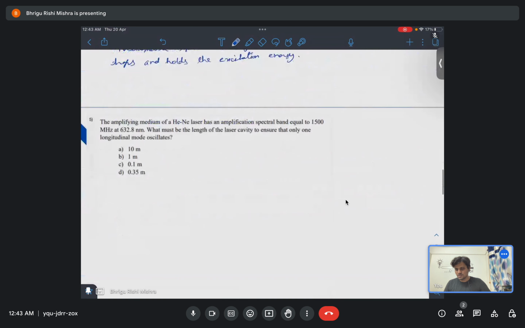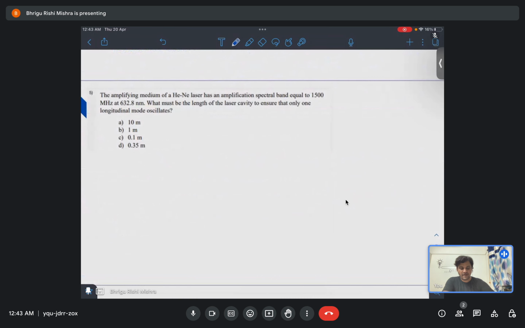Okay, now the next question: the amplifying medium of a helium neon laser has an amplification spectral band equal to 1500 megahertz at 632.8 nanometer. What must be the length of the laser cavity to ensure that only one longitudinal mode oscillates?